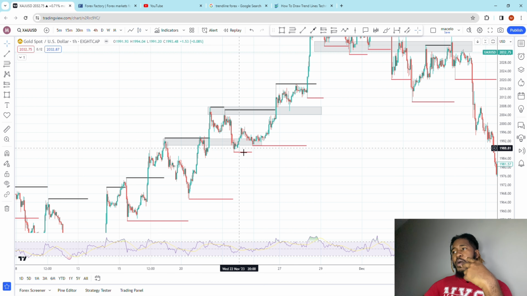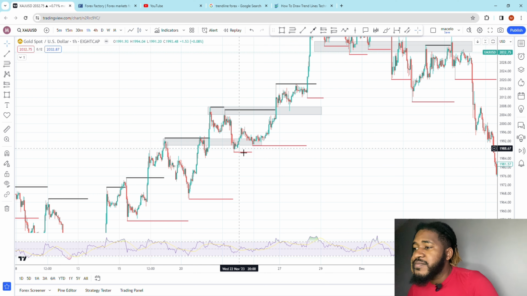Every pair, the volatility will be different. So gold, US 30, NAS, those are volatile pairs, which means I look at those pairs like a Ferrari going against, I'd say, a Honda Civic.